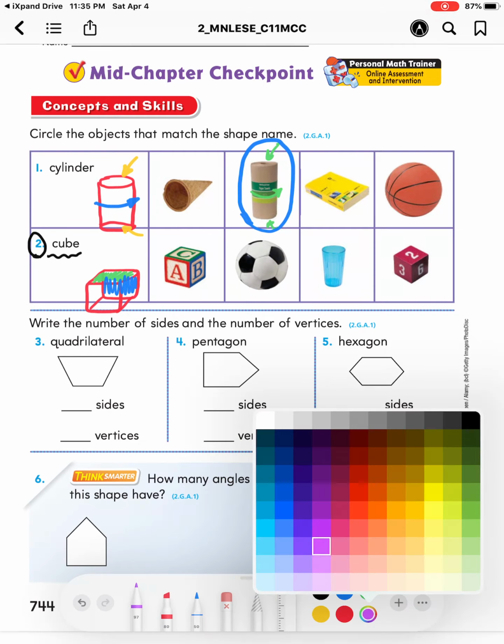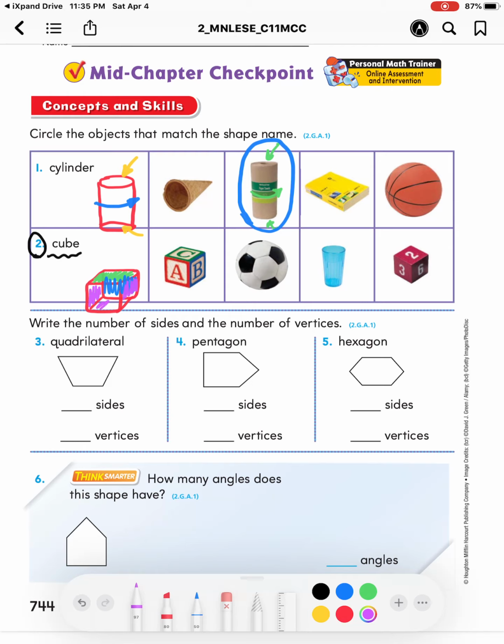Okay? 4, 5, and finally 6. Okay, and if you have any object that has a cube shape, you can count how many faces, and you can find that it has only 6 faces.